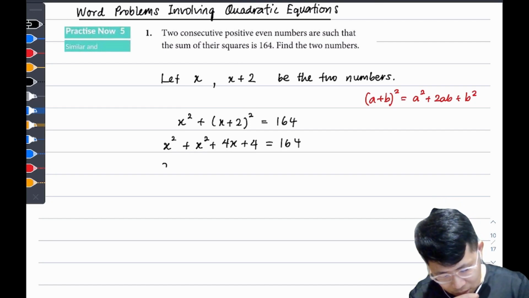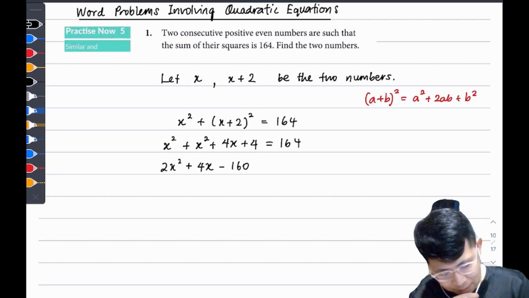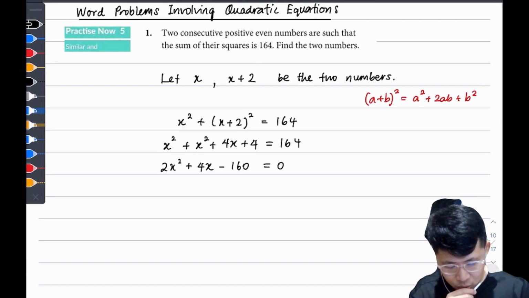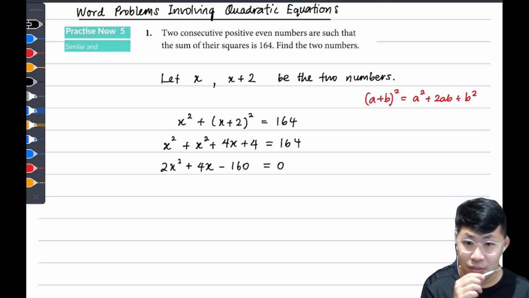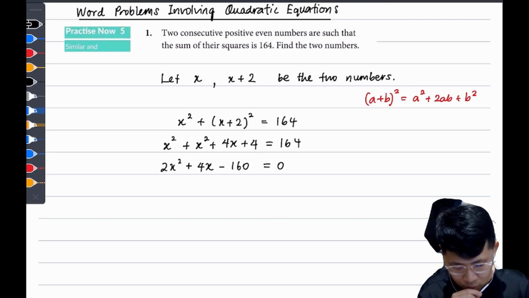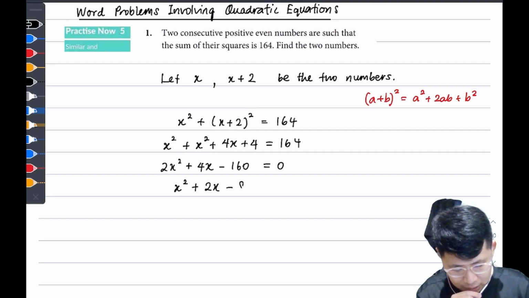Let's organize a bit. We have 2x squared plus 4x minus 160 equals 0. Since 2, 4, and 160 are even numbers, let's make our life easier and divide by 2 on both sides, giving x squared plus 2x minus 80 equals 0.